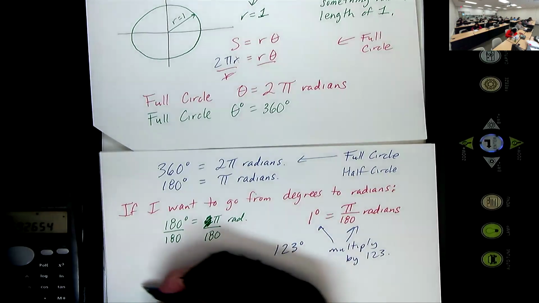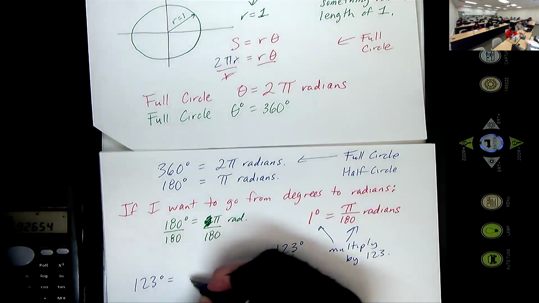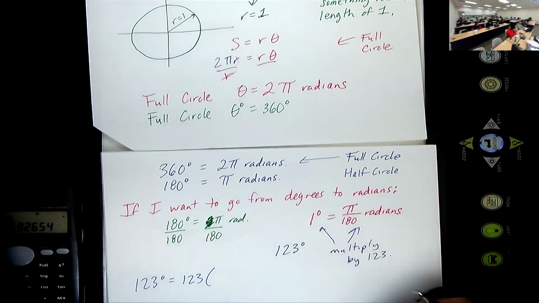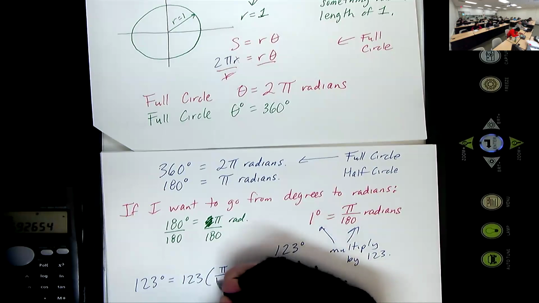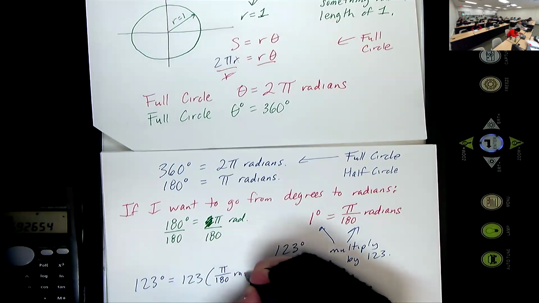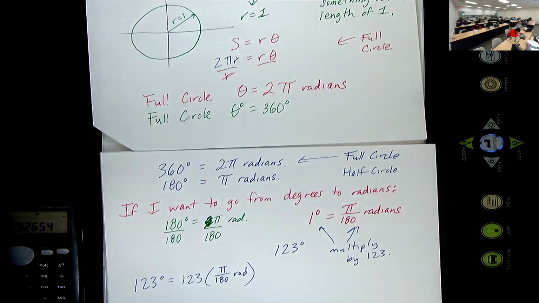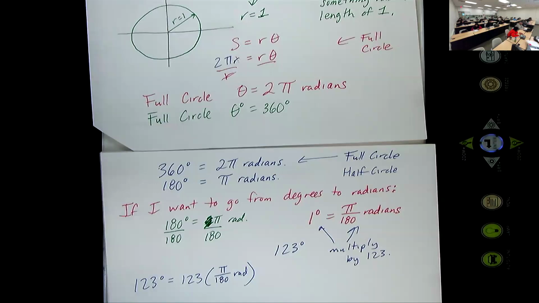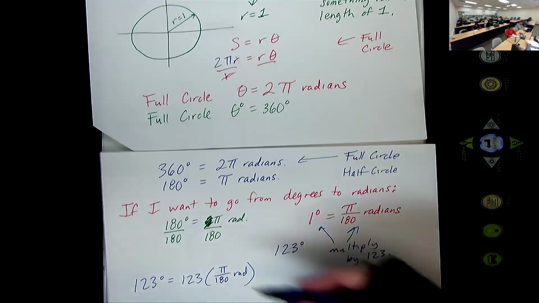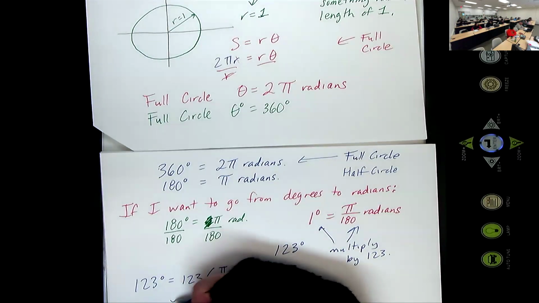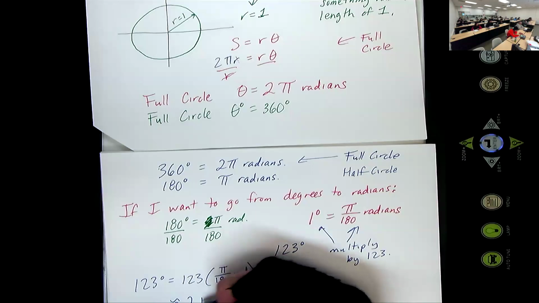So 123 degrees is going to equal 123 times pi over 180 radians, which is approximately 2.147.